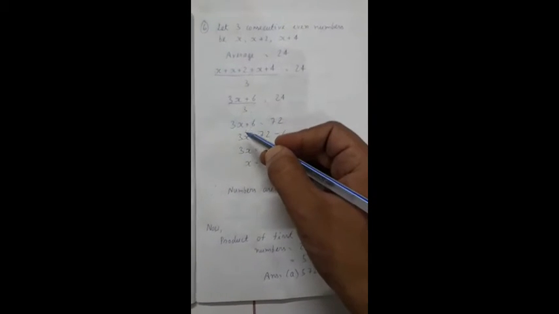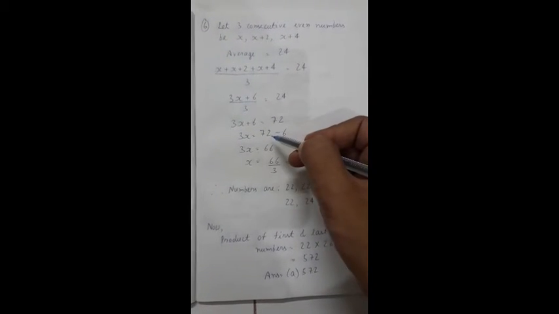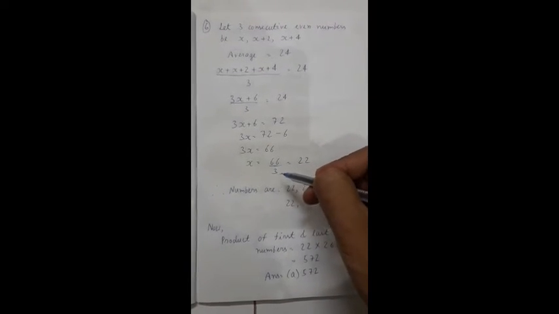We will simplify it. We will get 3x + 6 equals 72. So 3x equals 72 minus 6. So we will get x equal to 66 upon 3, that is 22. So the numbers will be 22, 22 + 2 and 22 + 4. So we will get 22, 24 and 26.